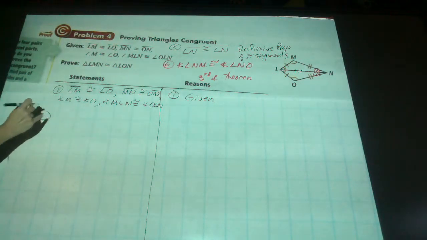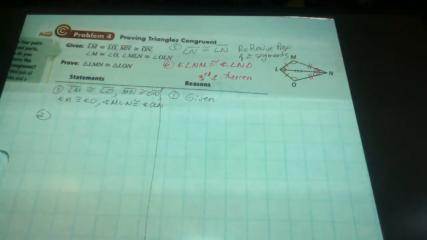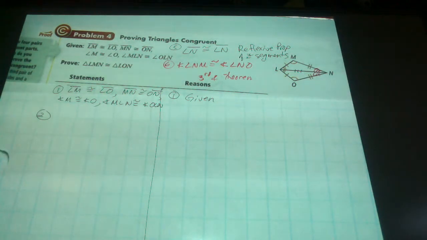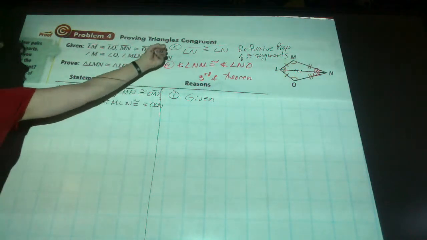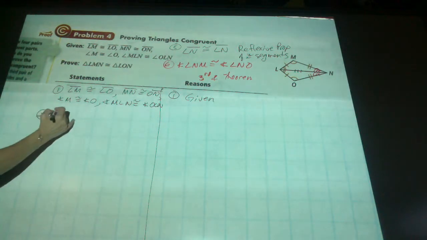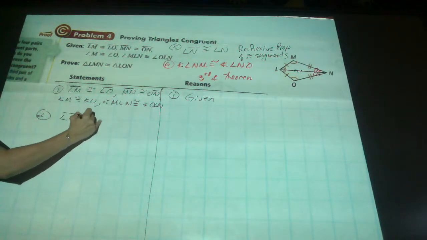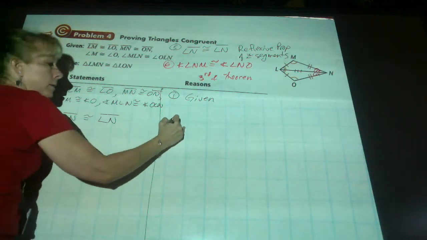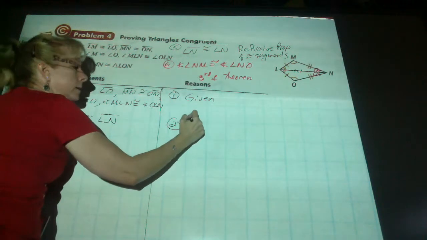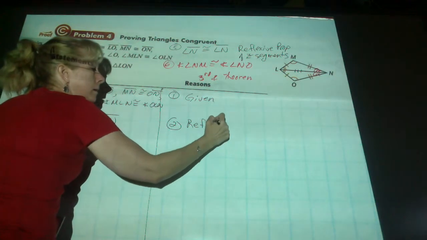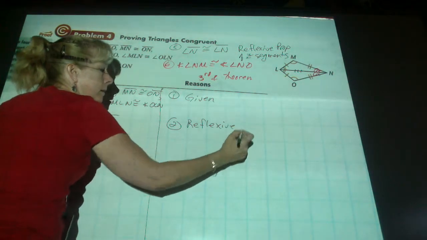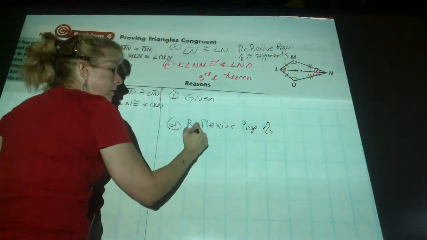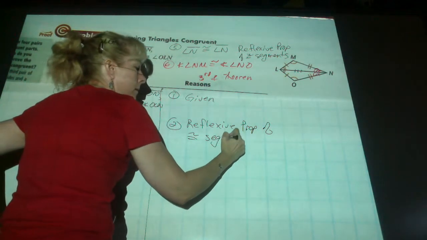Then 2, go to your pre-proof planning. From here, what did we conclude? Right, so I concluded that line LN is congruent to line LN. Our reason we've already written out, reflexive property of congruent segments.